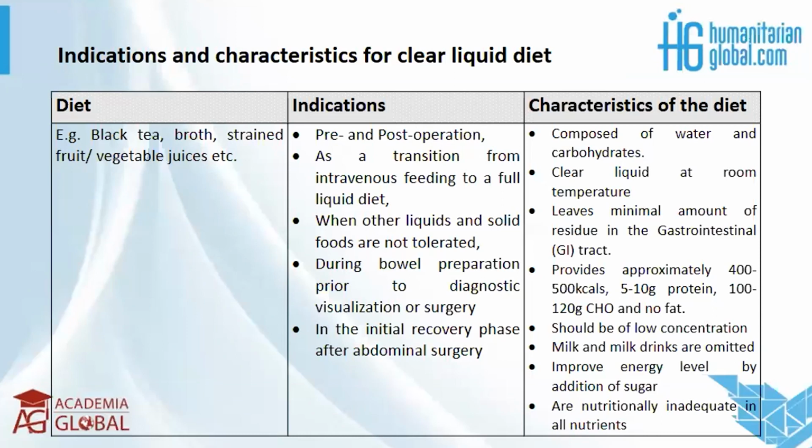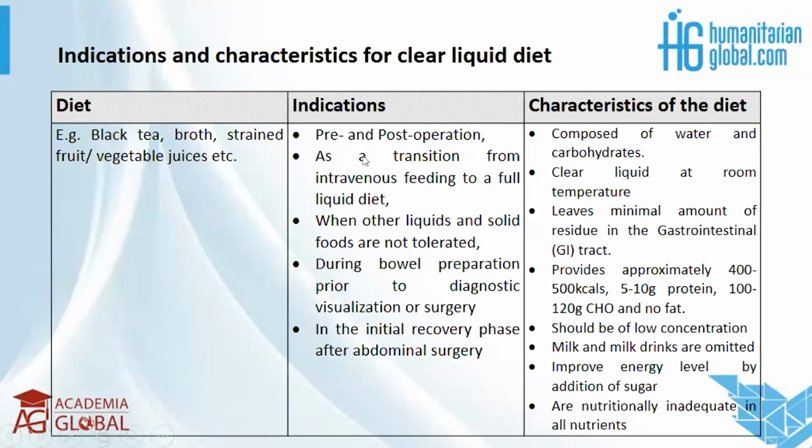If there is food present in the GIT and the bacteria continue working on it before the person regains their fully functional state, it could be a nuisance. So before and after operations, we need the GIT not to have food material. For that period, this diet can be indicated.